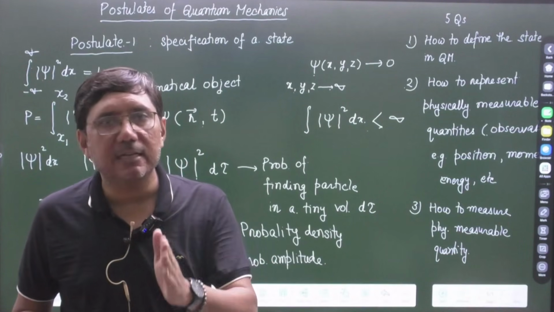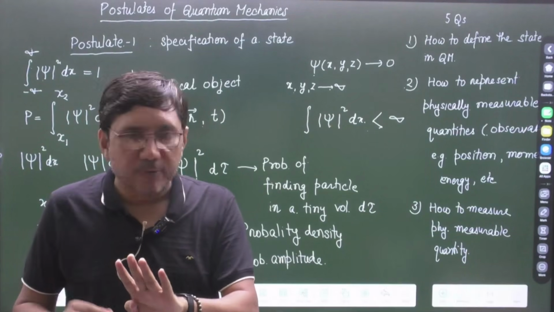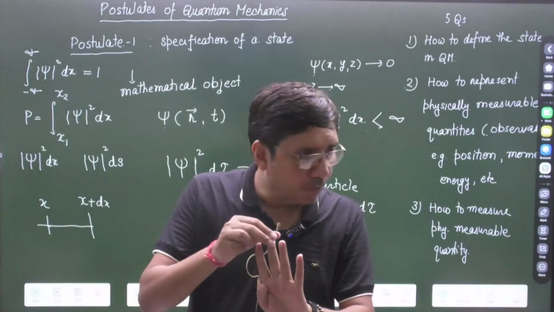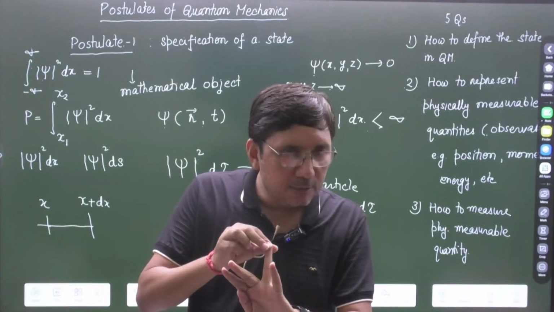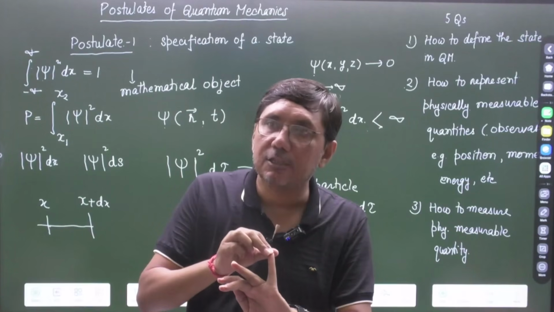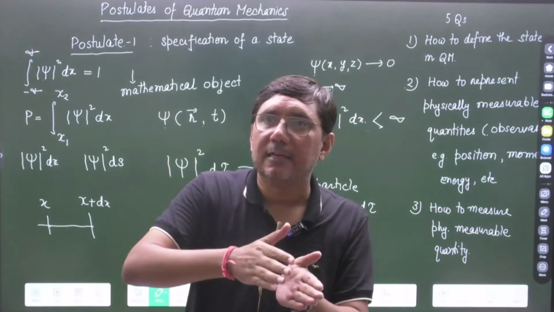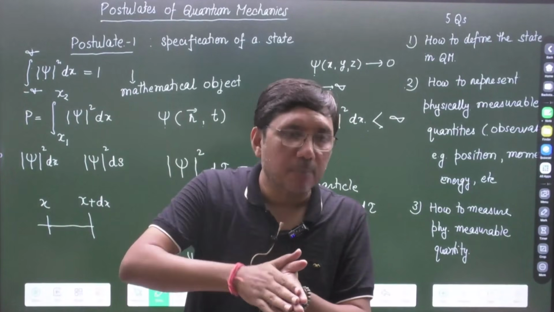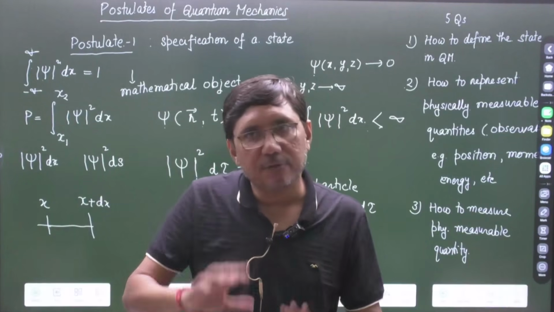A physically acceptable wave function should satisfy these four conditions. It should be single valued, finite valued, third continuous, and fourth square integrable. Many times you will find that they satisfy the first three but are not square integrable. That wave function is not acceptable.